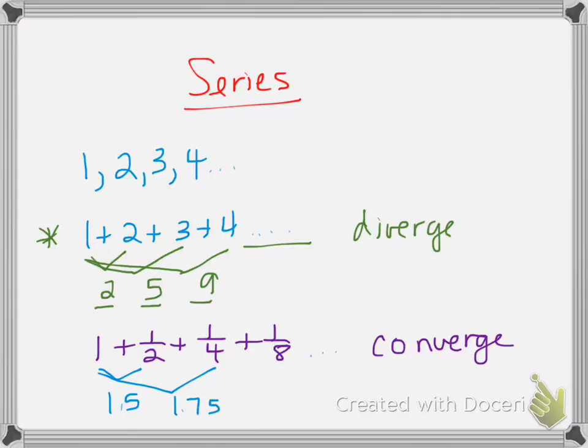You see how much slower it is, going towards a number? If I add the next one, I get 1.875. And see, those numbers, even though they're getting bigger, they're not getting bigger at a fast rate. So that one's going to converge. Now, I'm going to show you later, there's rules about why they converge and why they diverge, but I just wanted you to see the idea behind it.